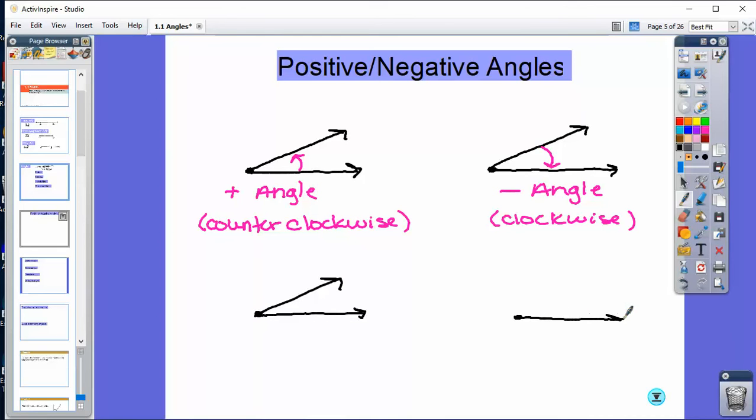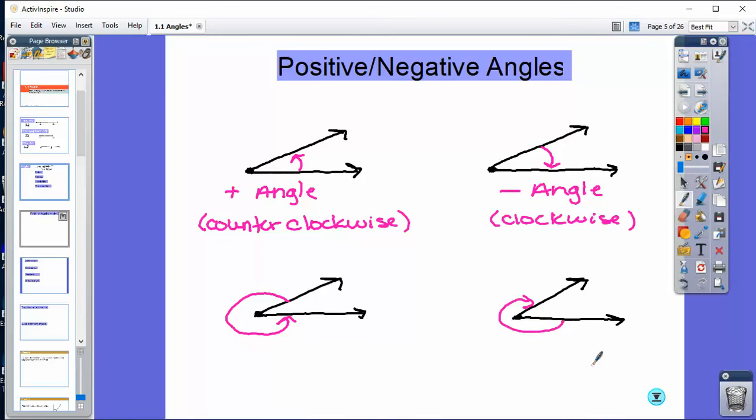Even if I'm looking at these same pictures, you don't have to just be talking about that inside angle. I might say this top is the initial side, and I'm spinning around to the bottom. Okay, or a negative angle might be starting here and going around this way.